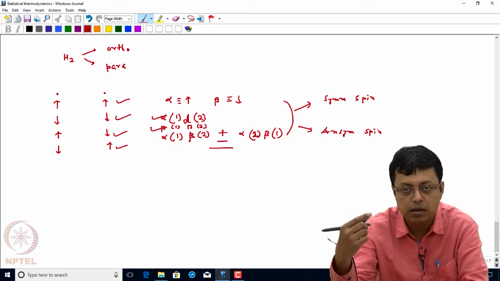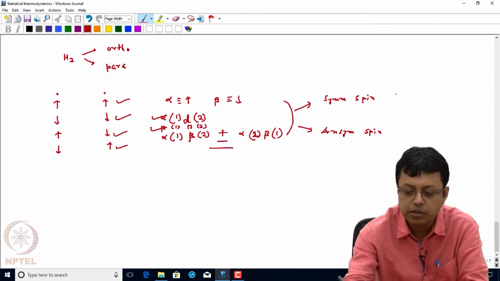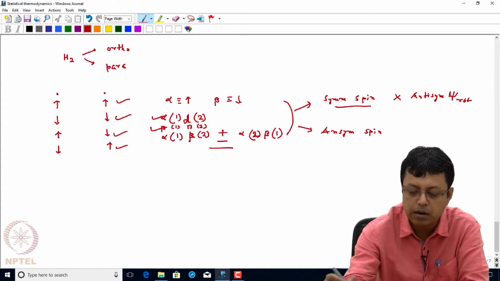Now since protons are fermions, the total wave function has to be antisymmetric. So the symmetric spin part goes with the antisymmetric space part, which in this case is the antisymmetric rotational part.